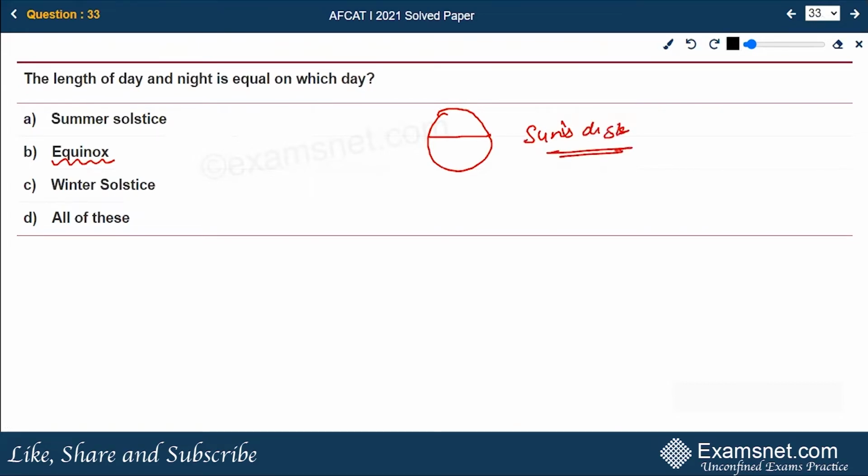This happens twice a year. First is on 20 March and next is on 23rd of September. Day and night are equal length on these 2 days all around the world. So the answer is option B, that is equinox.